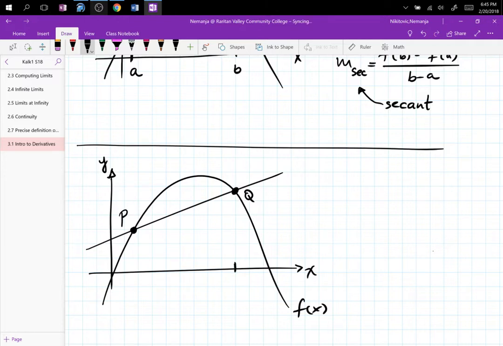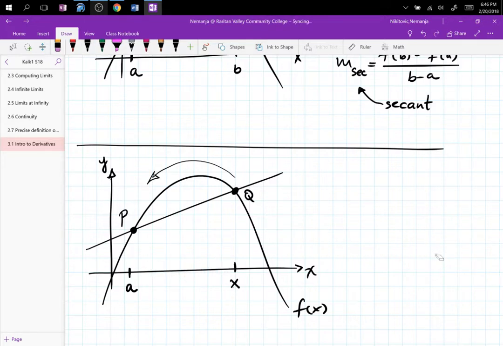And this Q, so P has x coordinate as A, right? But Q, since I'm going to let Q go along the curve, Q will not have B anymore. Q is going to have a variable x, because as Q moves, the value of this point moves towards the left, taking on all of the values going towards A. So I cannot put B any longer.